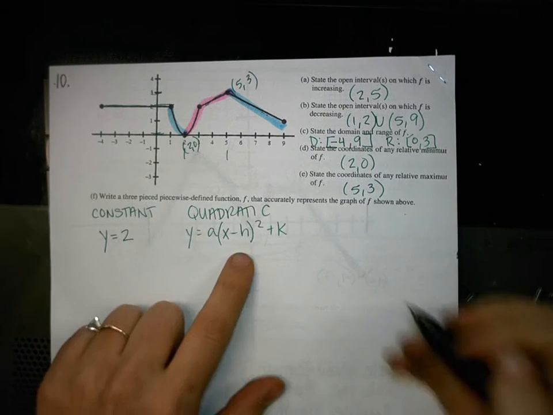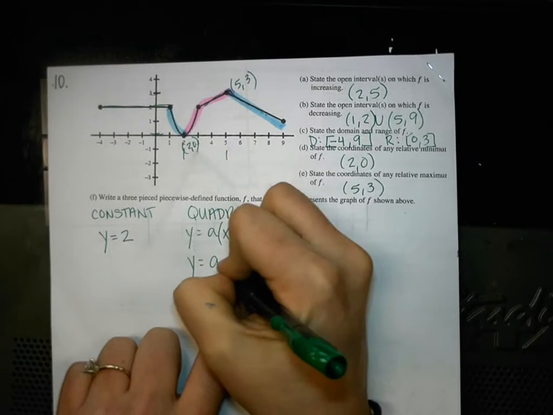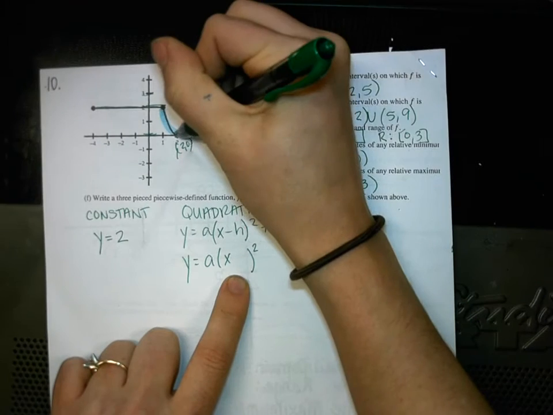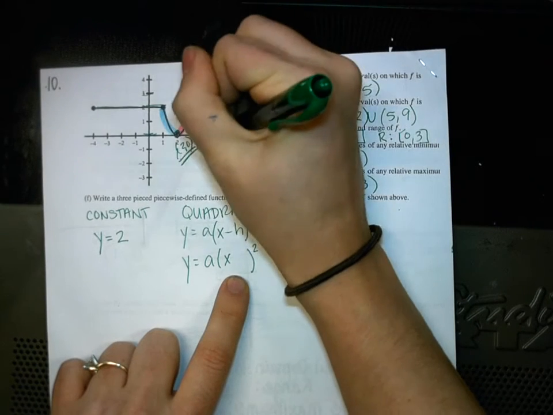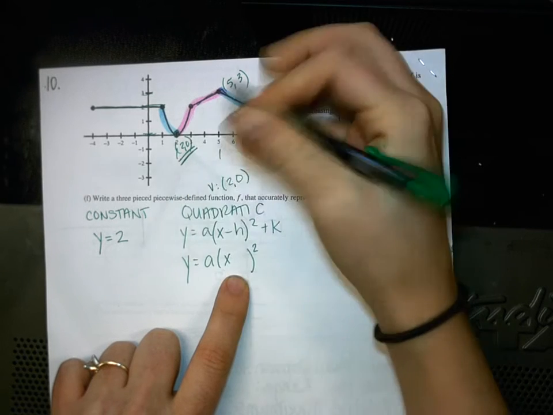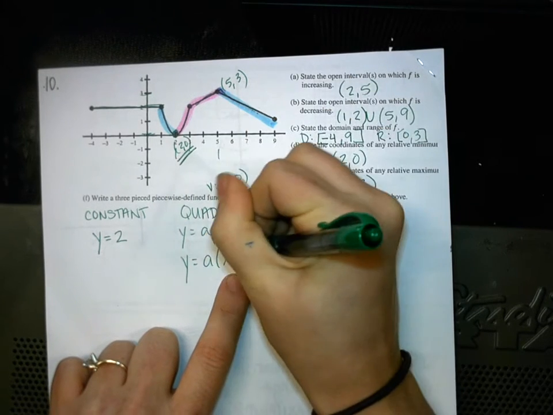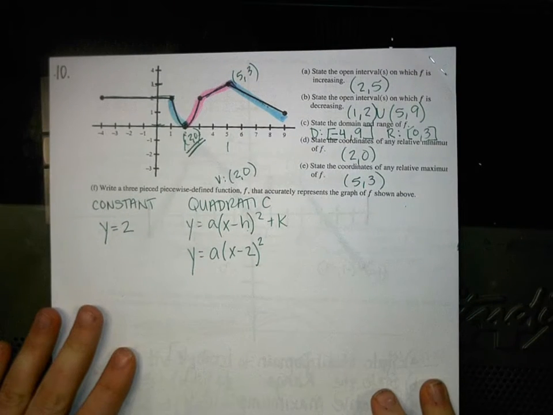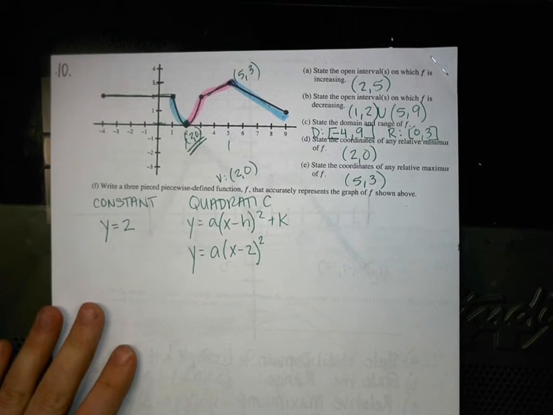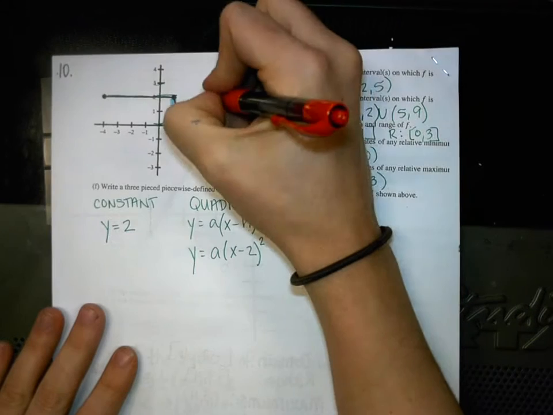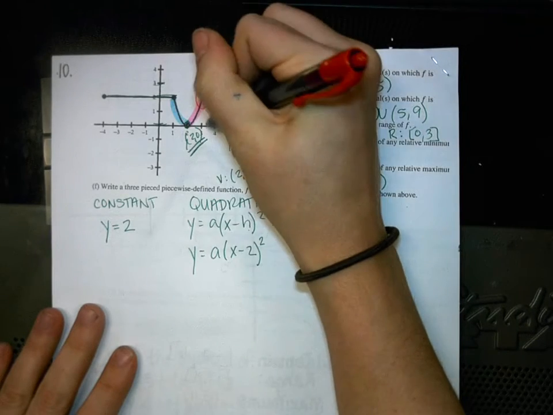Starting with plugging in my vertex, that's my h and my k value. So my vertex here is 2, 0. So I'm going to use 2 as the h and 0 as the k. So if I add 0 to the end, I don't have to write that. Then I'm going to solve for a by plugging in another point on this function. So I'm going to choose the point 3, 2.